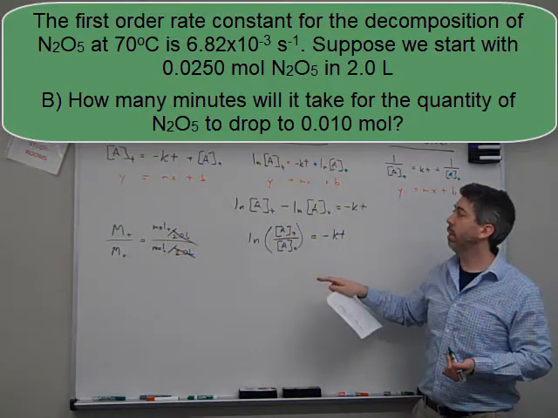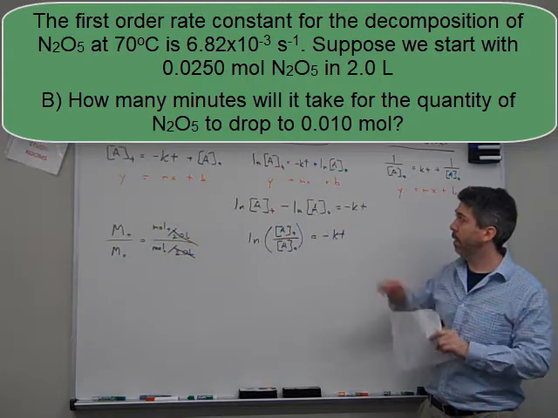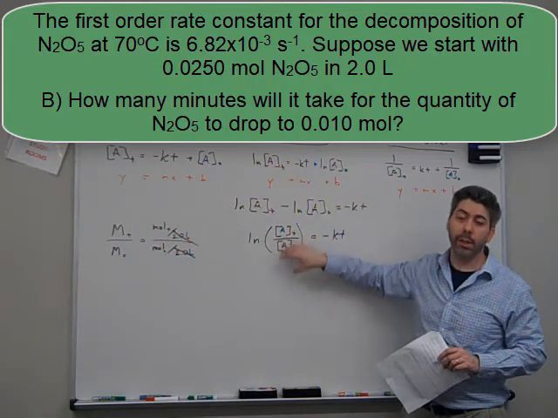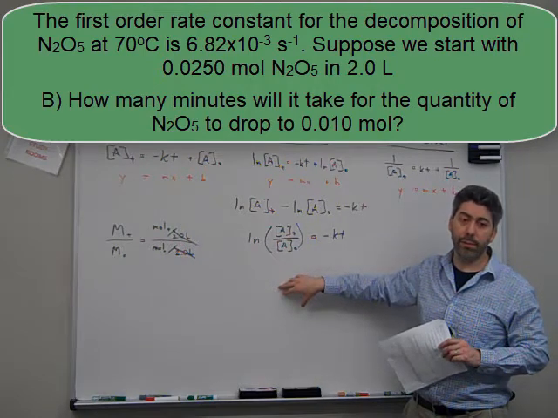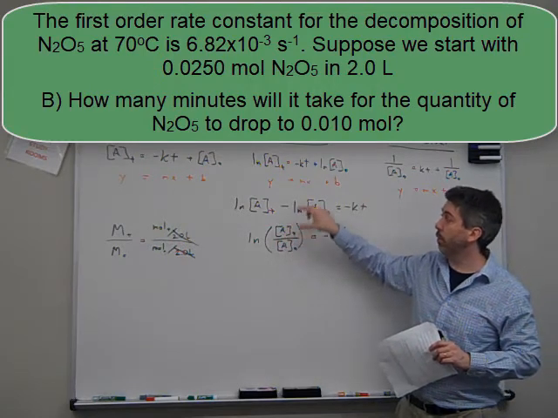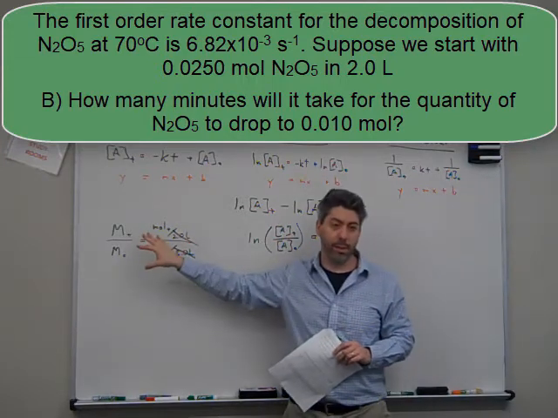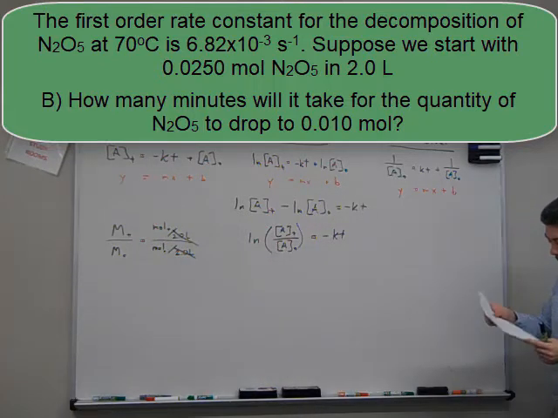But the only reason that it works here is because this equation can be manipulated into this form so that you get the molarity ratio. That's the thing you've got to be careful of. Unless you could convert this equation into this form, you would not be able to use this. But, alright, so now let's go ahead and solve for this.